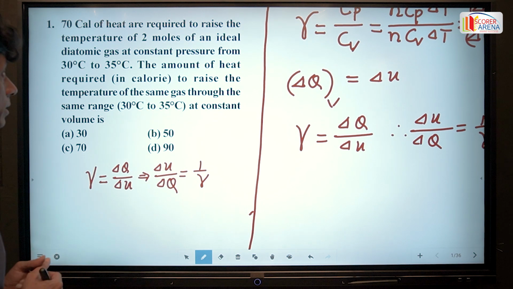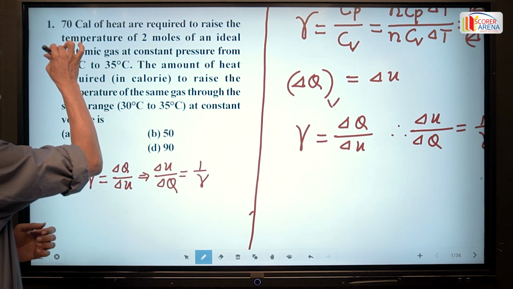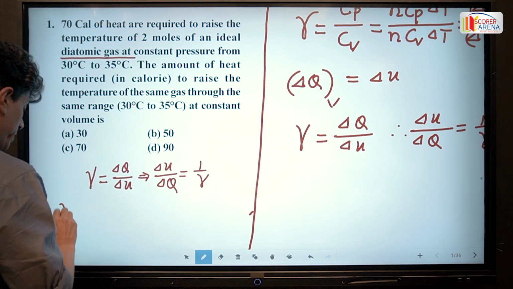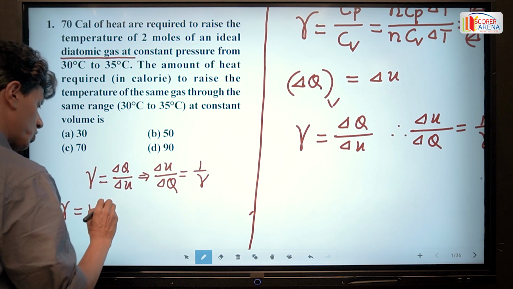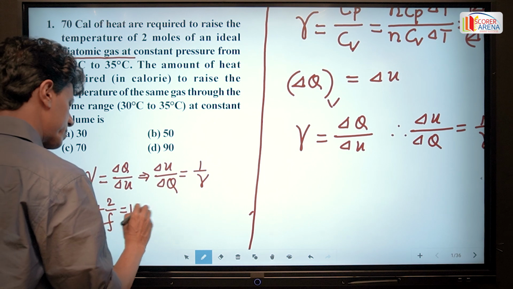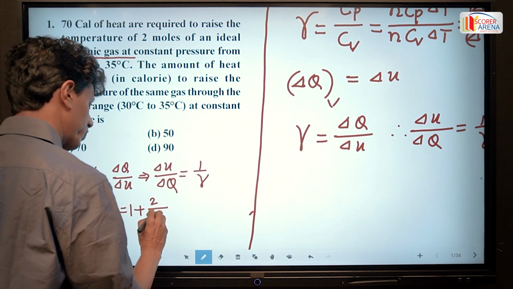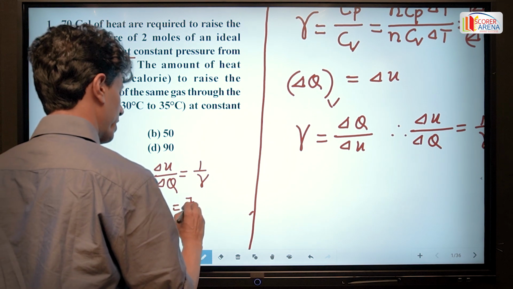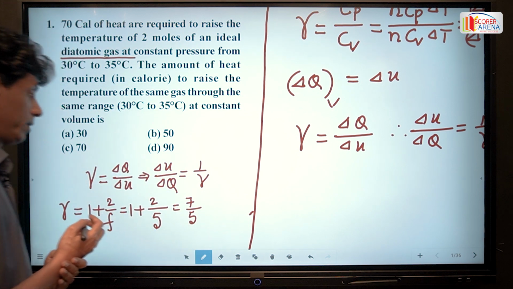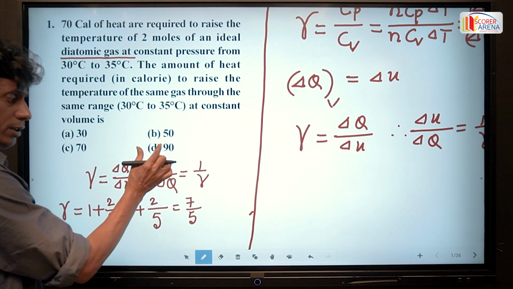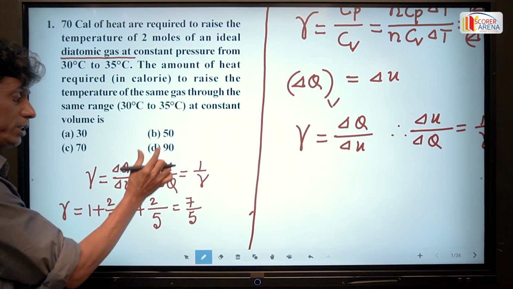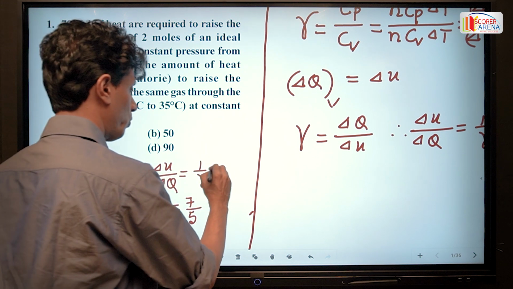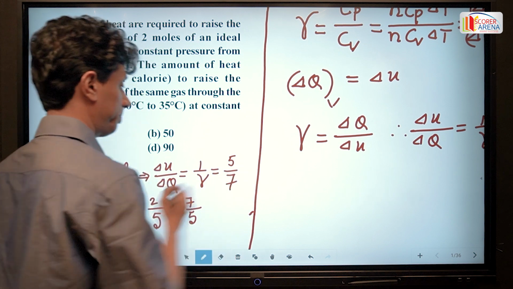Since the gas in our problem is a diatomic gas, for the diatomic gas gamma is equal to, by the formula, 1 plus 2 by f, and the degree of freedom f is 5. Therefore the value of gamma is equal to 7 by 5. The change in internal energy to the heat supplied del Q is 1 by gamma. So therefore the value of this is 5 by 7.